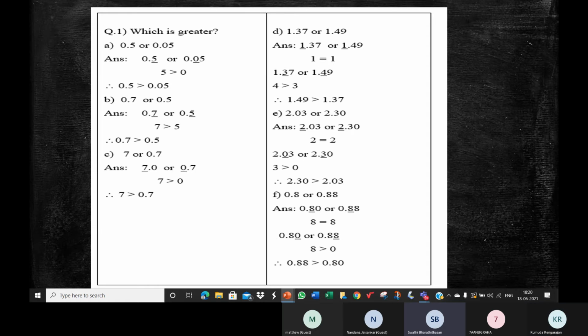So then we have to compare the other part, which is in the 10th place. 0 is there in 2.03 and 3 is there in 2.30. When we compare 0 and 3, 3 is the greater value, ma'am. So 2.30 is greater than 2.03.